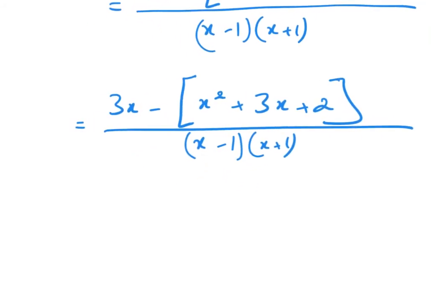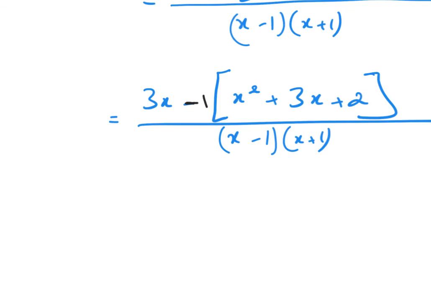Now we're going to remove the parentheses, and we have a negative 1 here, so make sure we change the sign. So we're going to have 3x minus x squared, and negative 1 times 3x will be negative 3x.